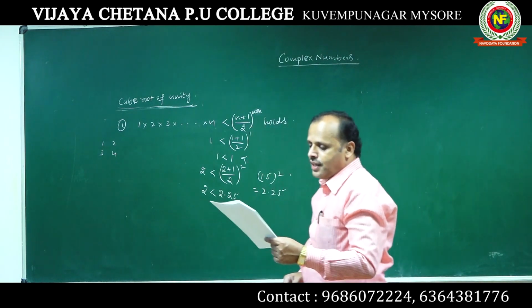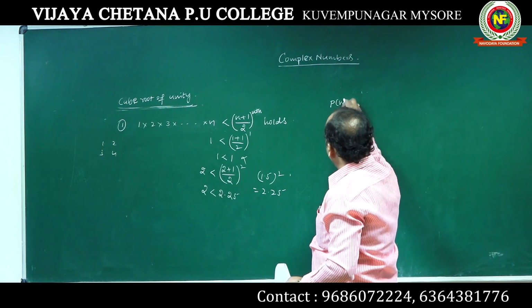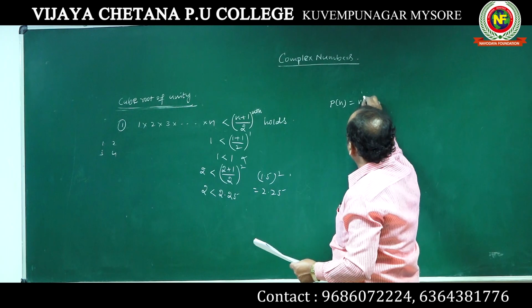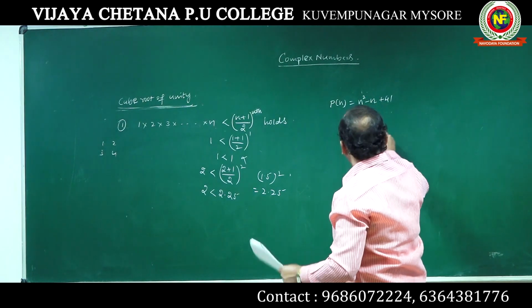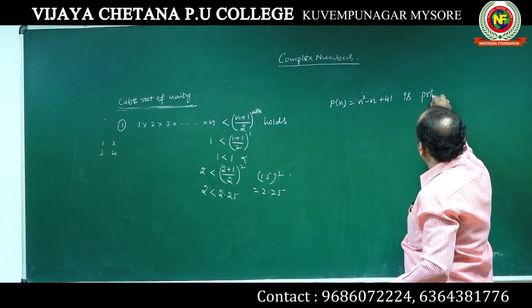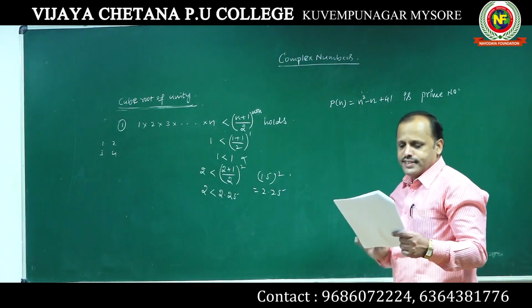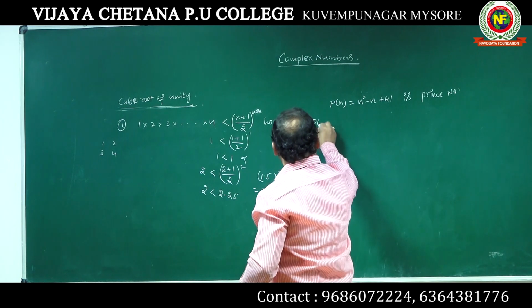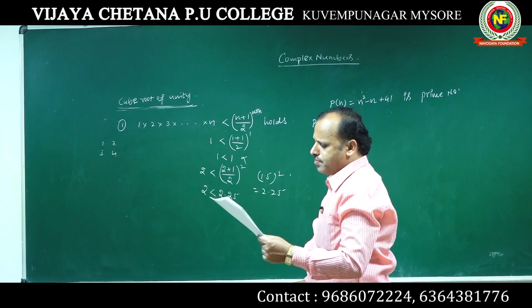Okay. Now, next question. Let P of n equal n square minus n plus 41 is a prime number. The first option is P of 1 is true.